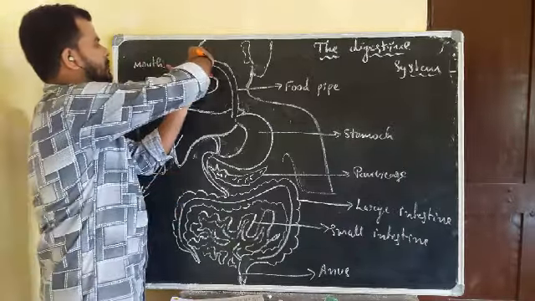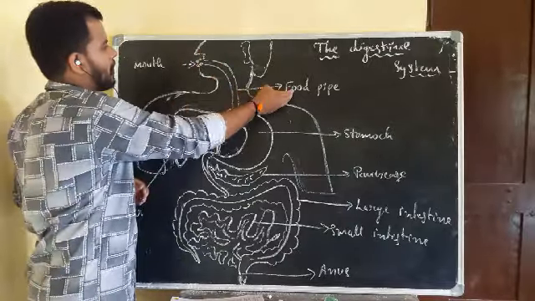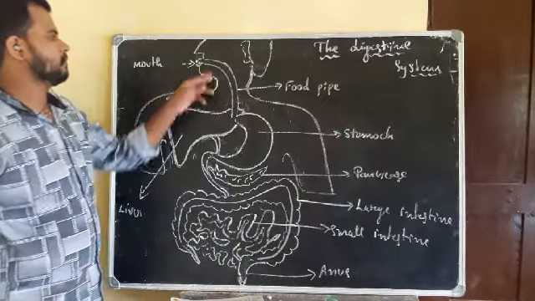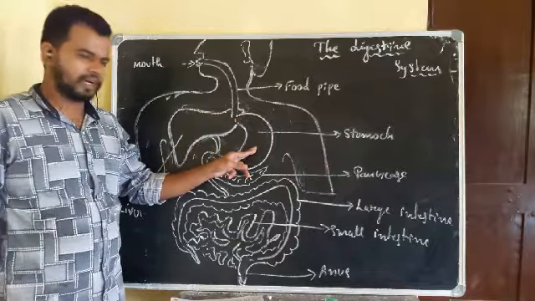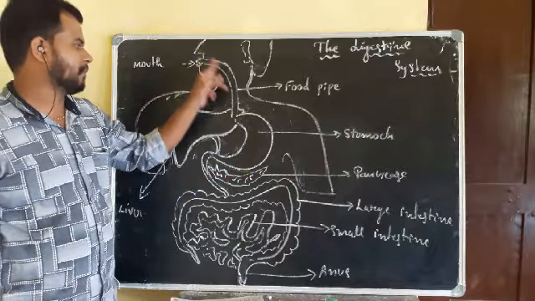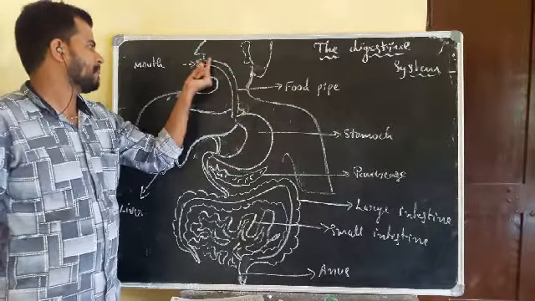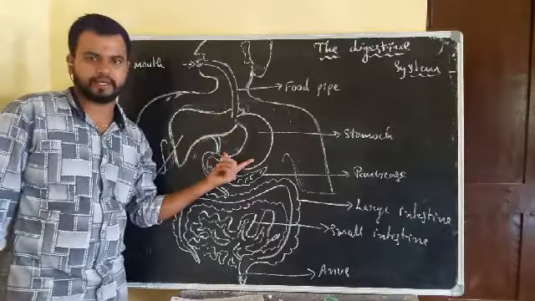And further, it passes through the food pipe. The food pipe is a narrow tube-like structure. The food pipe connects from mouth to stomach. What is the function of the food pipe? The food pipe passes the food down and delivers it to the stomach.